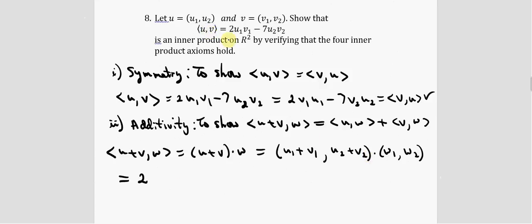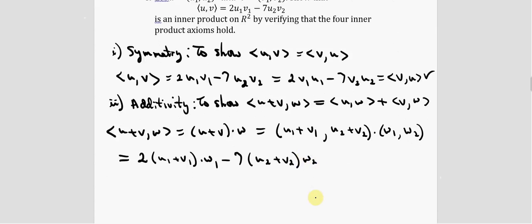This becomes 2 times the first component, which is u sub 1 plus v sub 1 times the first components together. And so this is times w sub 1, then minus 7 times both of the second components multiplied, so parentheses u sub 2 plus v sub 2, and then this is times w sub 2.